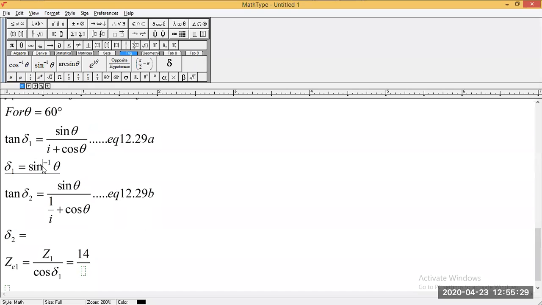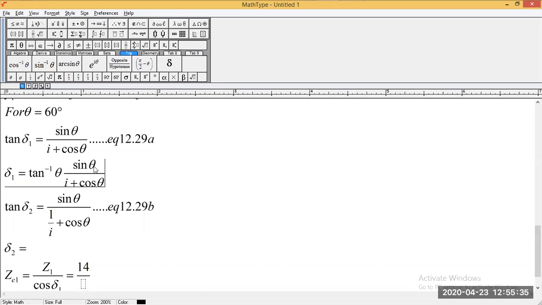I'll just replace this by tan. There is tan inverse of this whole thing, where theta is this angle here, 60 degrees.